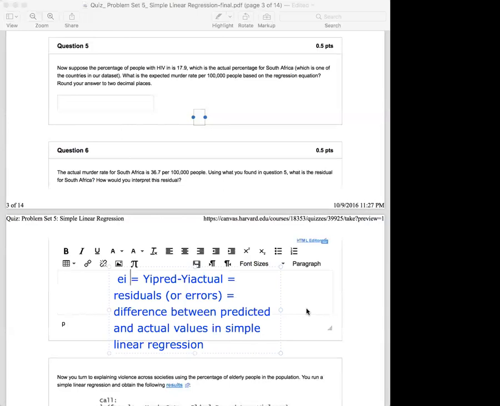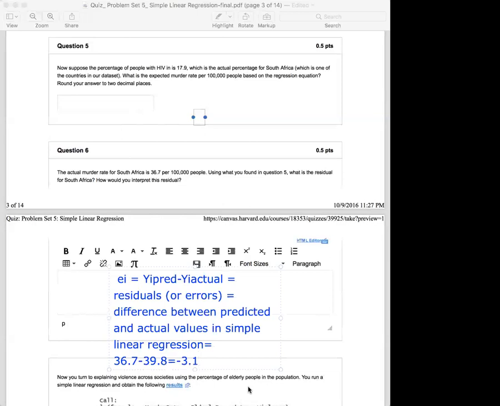So given that our actual rate is 36.17, and given that our predicted value is 39.81, our answer is simply that difference, about negative 3.1.